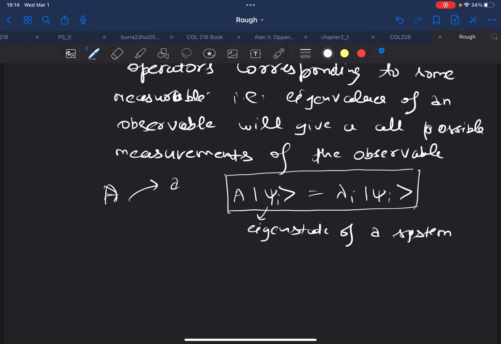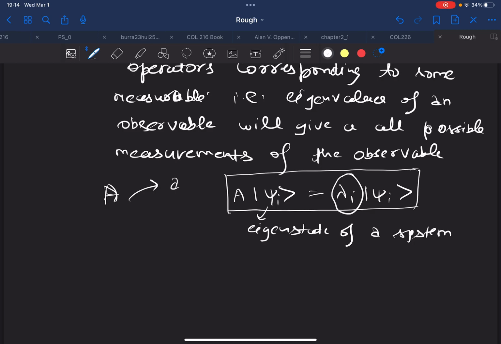And this equation basically means that when the state is acted upon by an operator A, then it gives you a scalar multiplication of that state only. That state is known as an eigenstate, and corresponding to each eigenstate we have certain eigenvalues. So what does this postulate tell us?